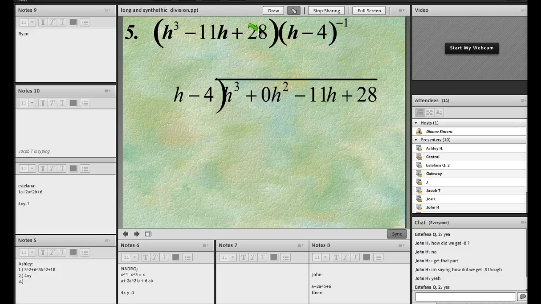Make sense? Okay. You guys have at it. Try this one. How many times, or if I take h cubed, I divide it by h, what do I get?